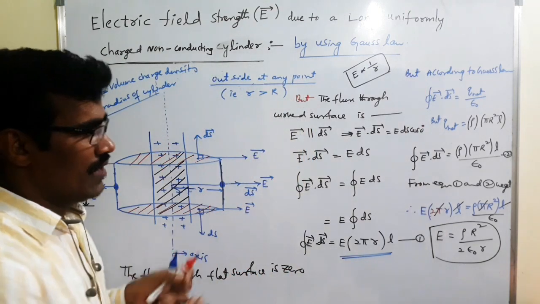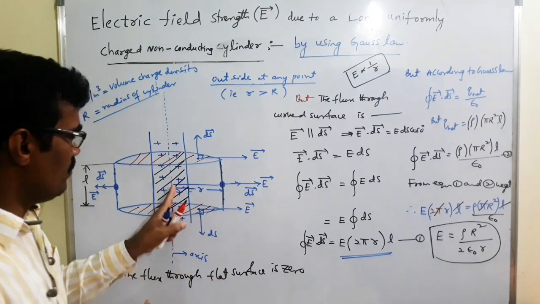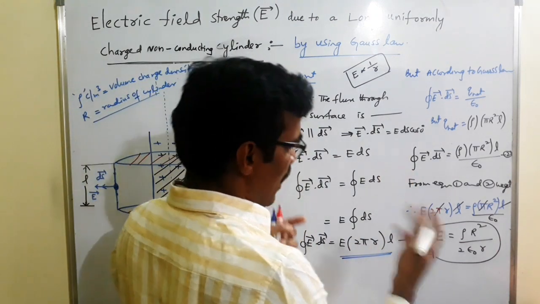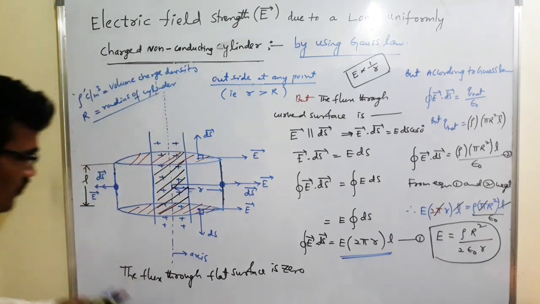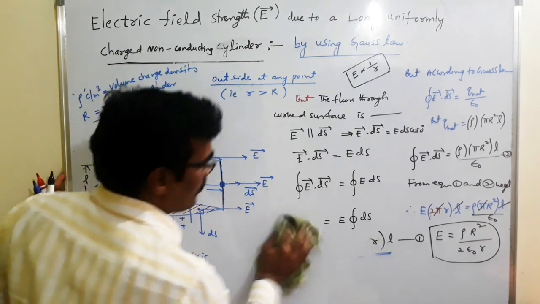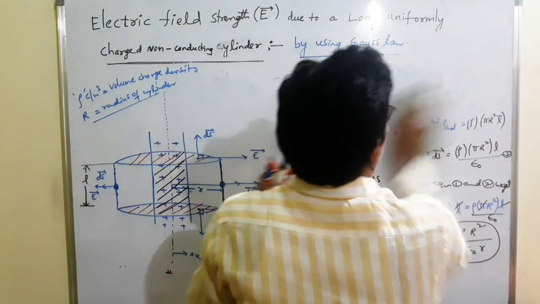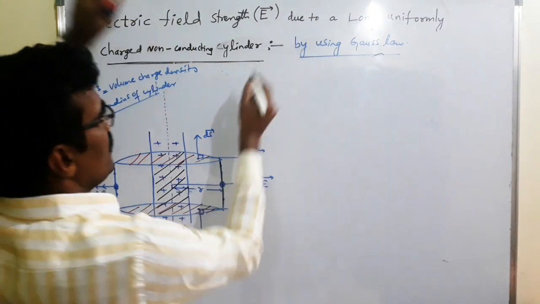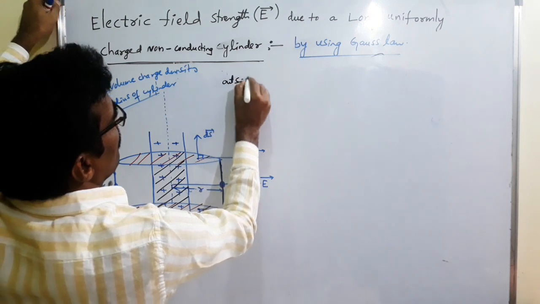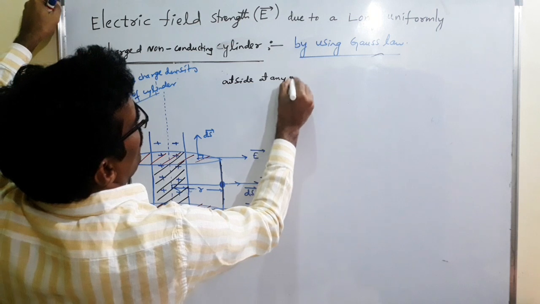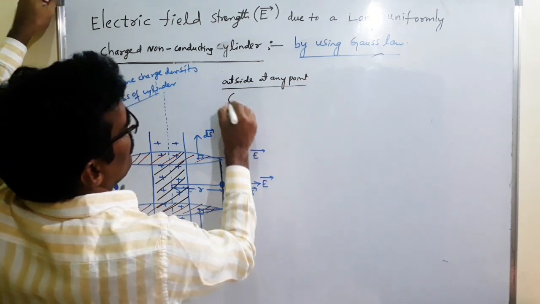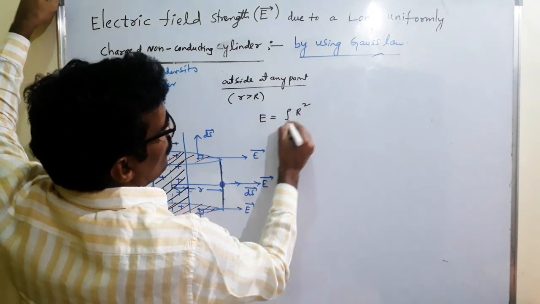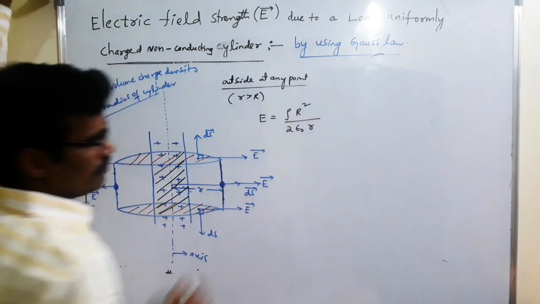Outside the cylinder, at a distance r from the axis, with small r greater than capital R, the field is equal to rho capital R square by 2 epsilon naught r.